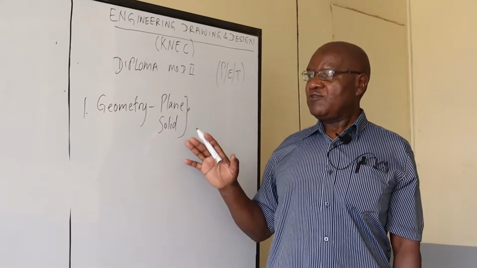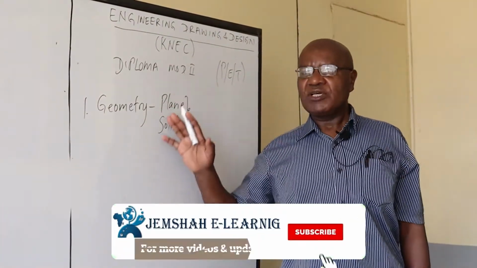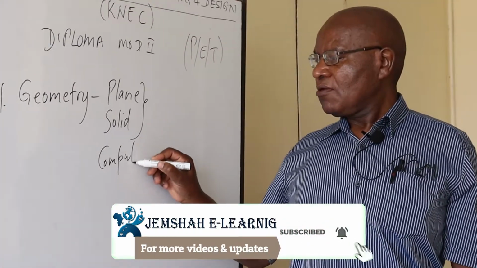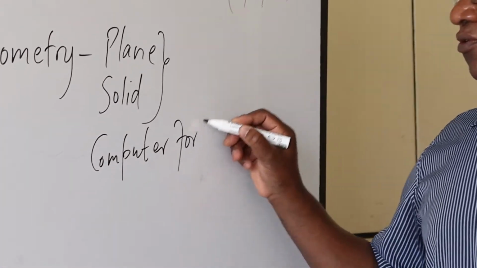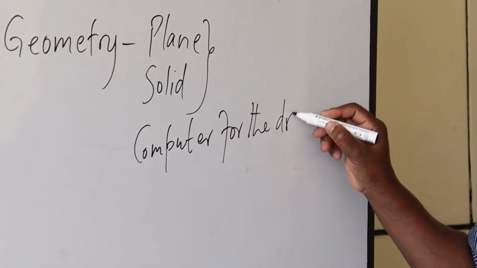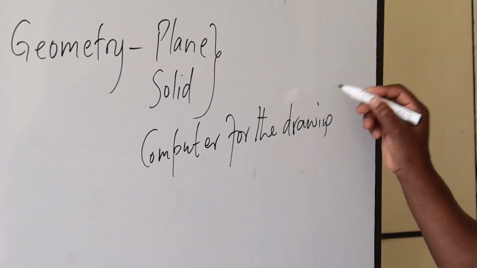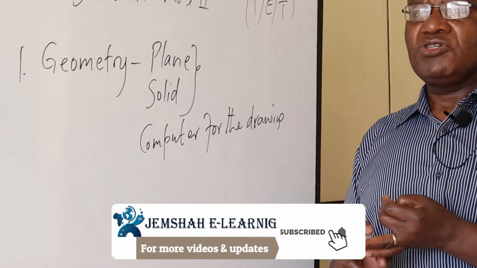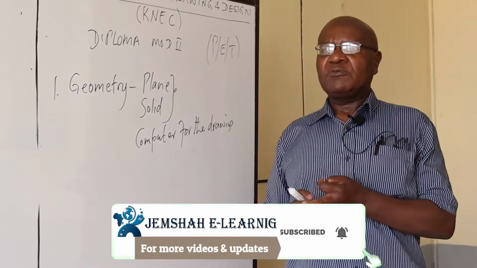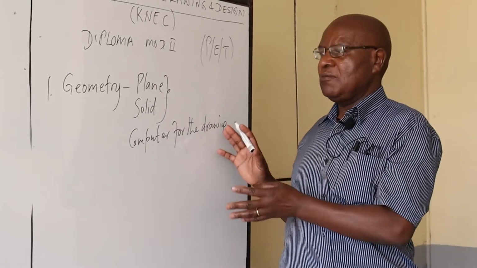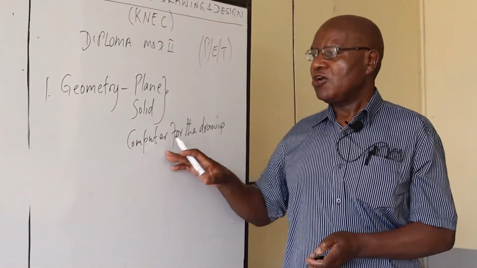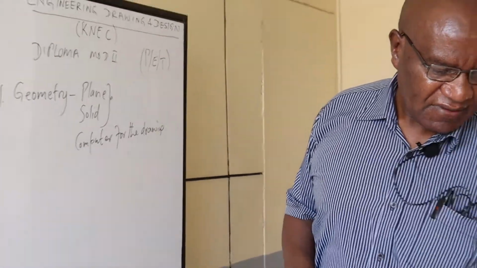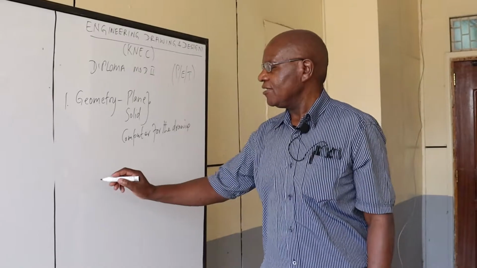The only difference here will be that you'll be learning to do those drawings using a computer. That means the orthographic projections, oblique projections, and the isometric projections, all those you must be able to draw using a computer. That's the only major difference between the first year stuff and this one here in the second year.